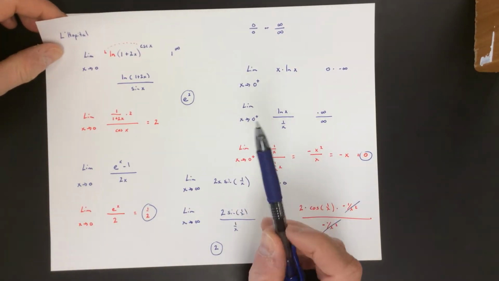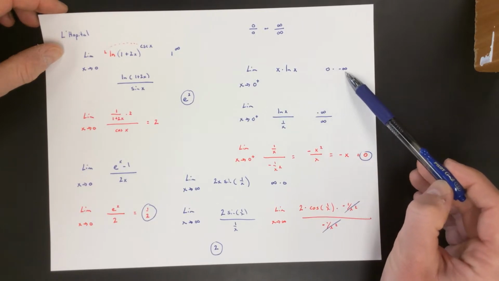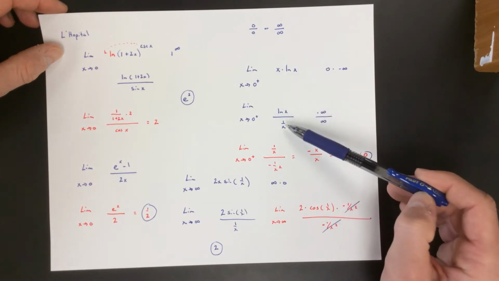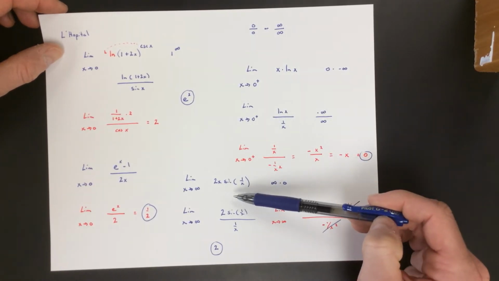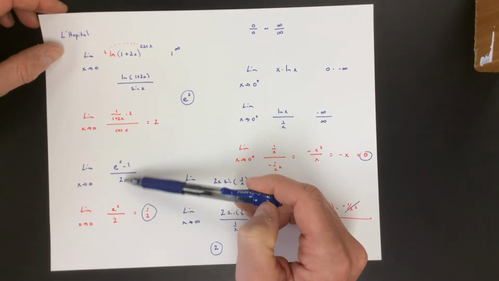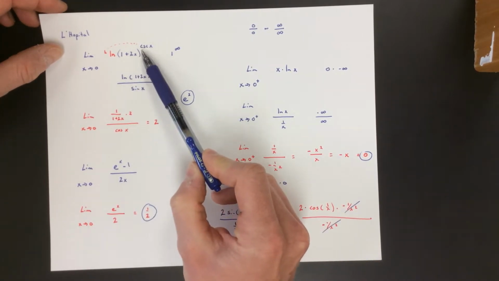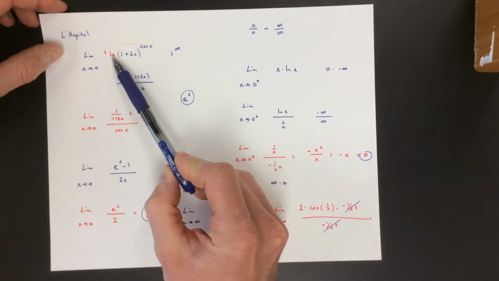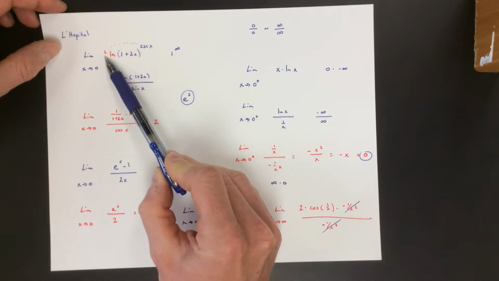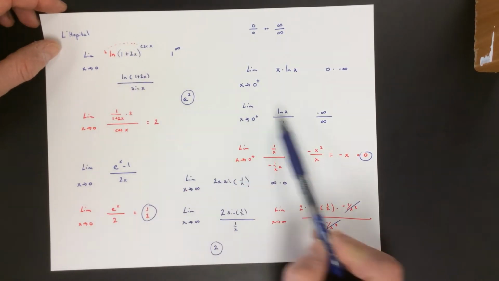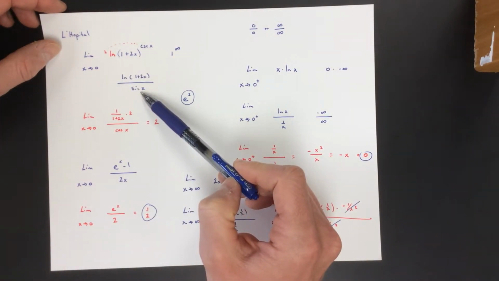Okay? So most of the time, if you have 0 times infinity, you're going to take this x and flip it down and make it 1 over x in the denominator. Both of these cases kind of use that same trick. If you already have 0 over 0, then you jump right to L'Hopital's. If you have some exponential, you're almost always going to apply a logarithm, change the exponential to a product, and then once it's here, you either do this trick, or in this case, this was cosecant, and easily flip down to be sine.